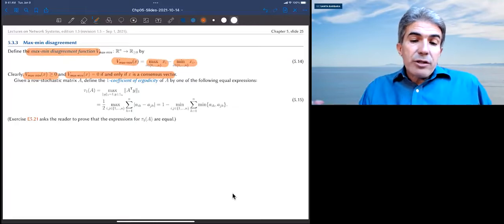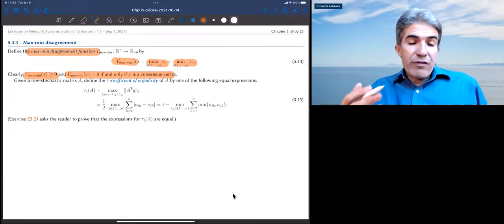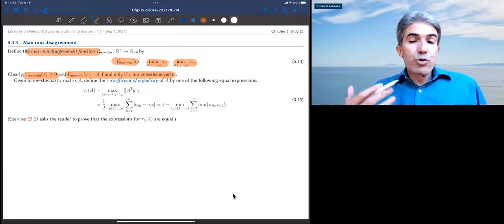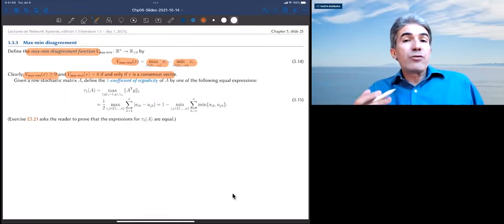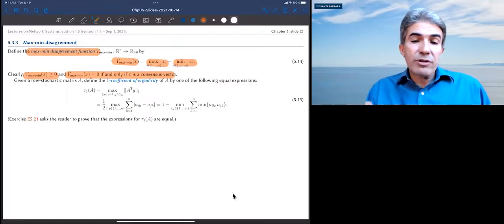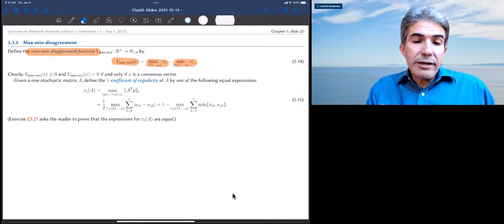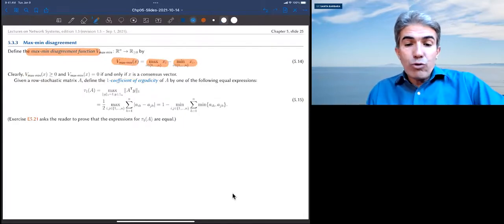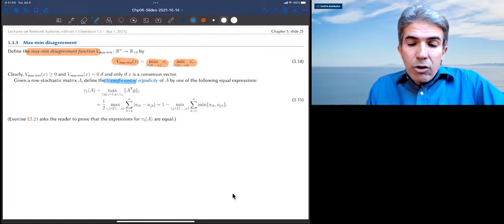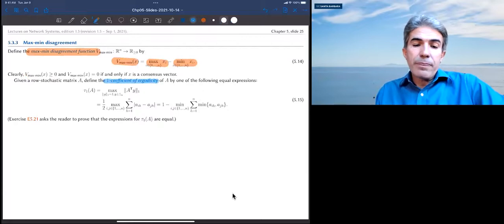For this candidate Lyapunov function, I have a function I'm hoping to show is decreasing, but I need to find for you what is the rate with respect to which this function is decreasing. What is that rate? How do I get it? Well, this is the notion of the ergodicity coefficient that I'm about to introduce. And here I need to define the 1 coefficient of ergodicity.